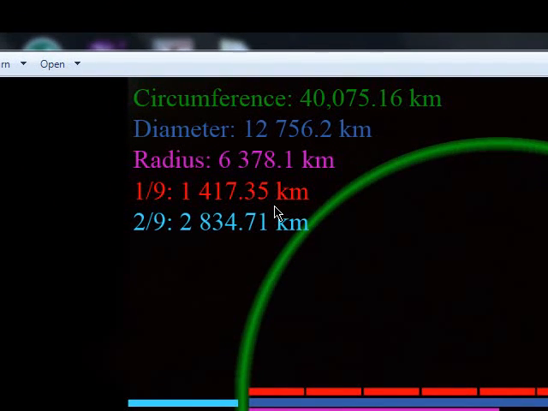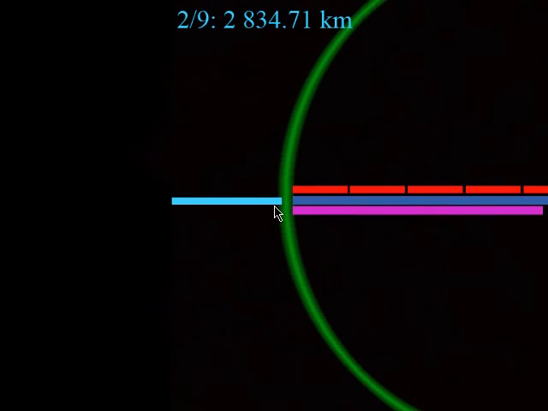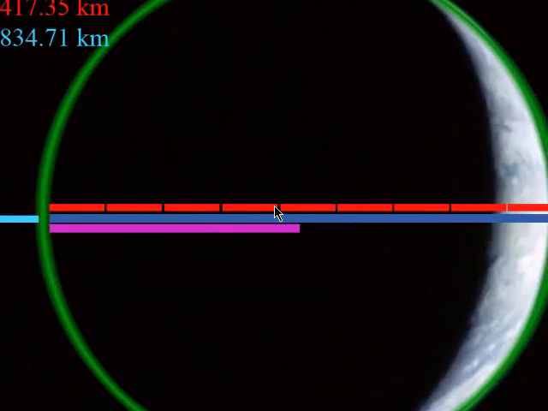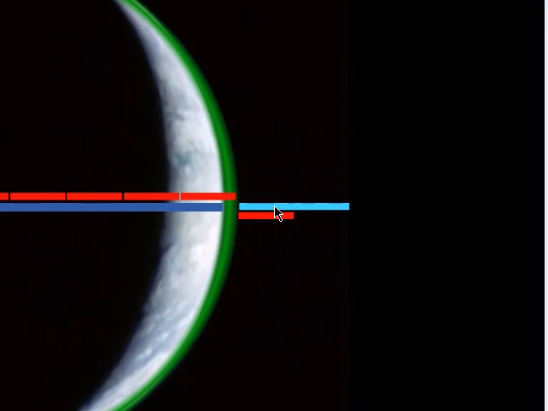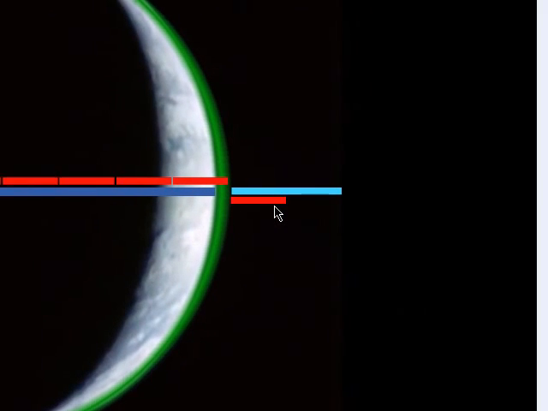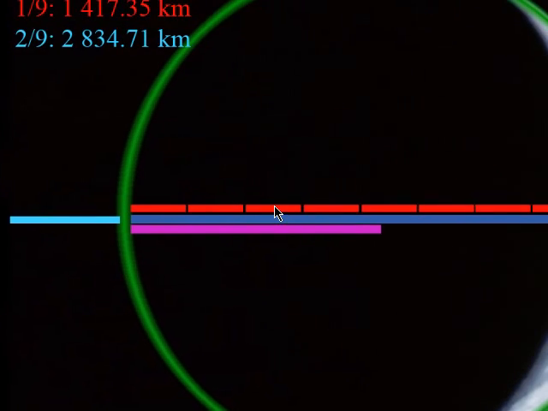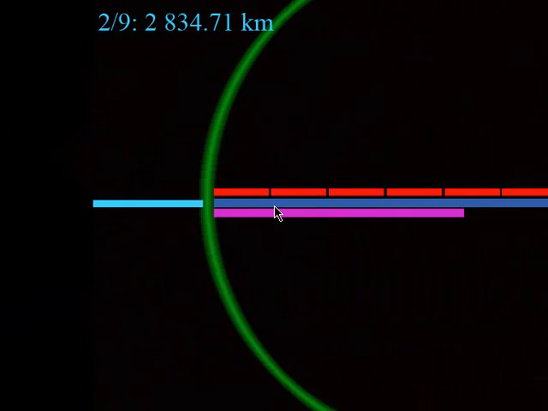So what I did is I drew a blue line from the edge of the Earth to the exterior of the video on either side, and half of that blue line is represented by the red line, and the red line fits exactly 1, 2, 3, 4, 5, 6, 7, 8, 9 times across the diameter.